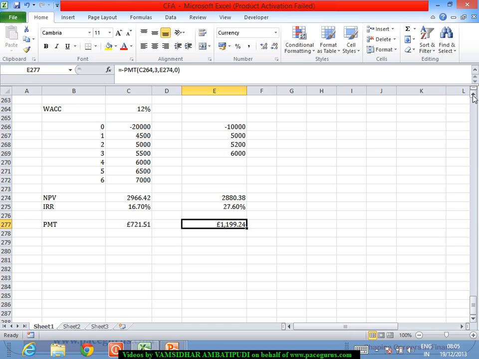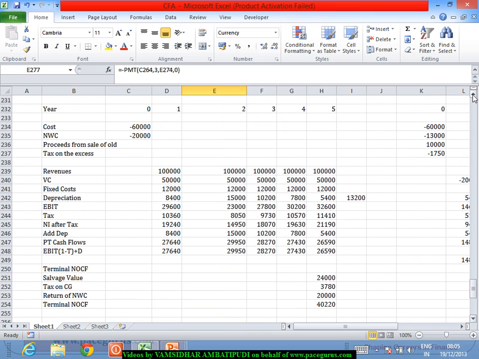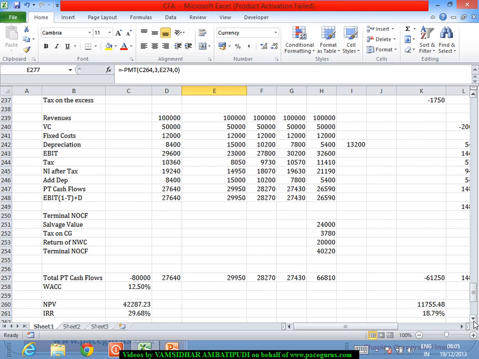Let's say in this example, any of the revenues, let's say I am increasing the revenues each of the period by 10% or decreasing them by 10%. If the revenues are increased or decreased, initially let me write down what is the NPV and IRR.